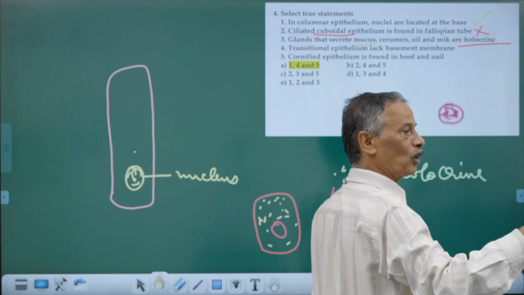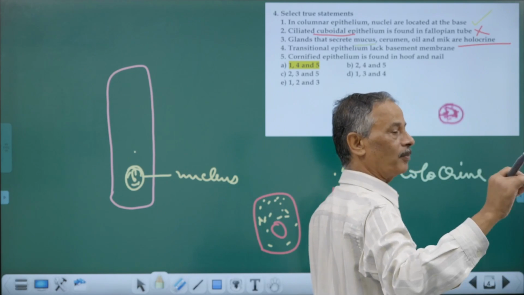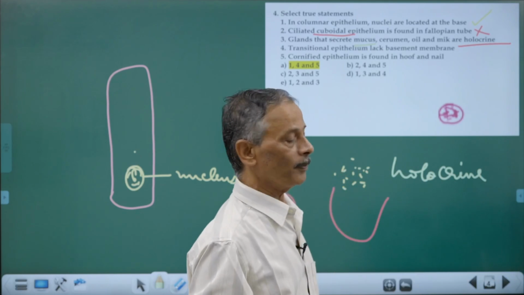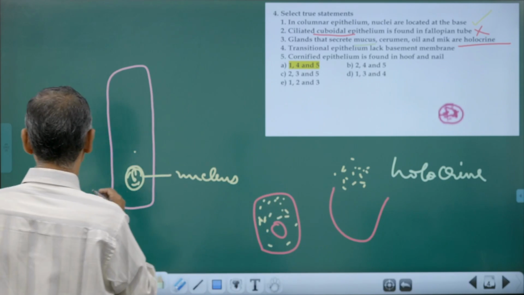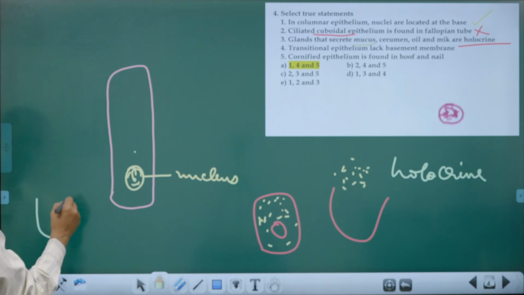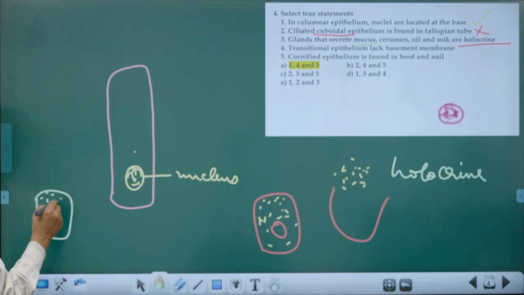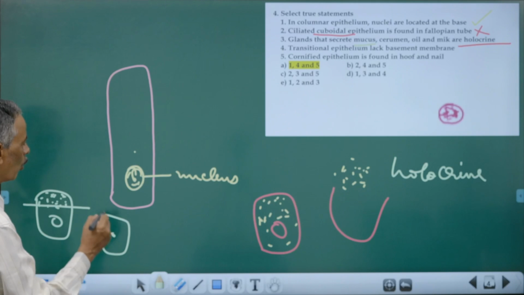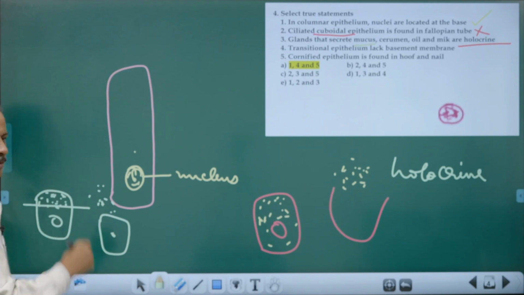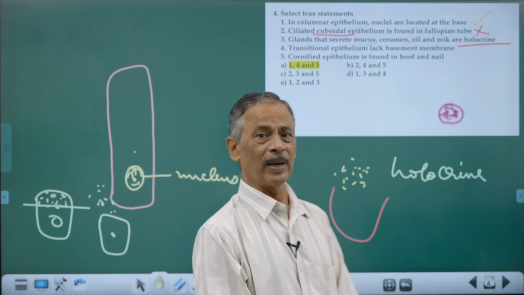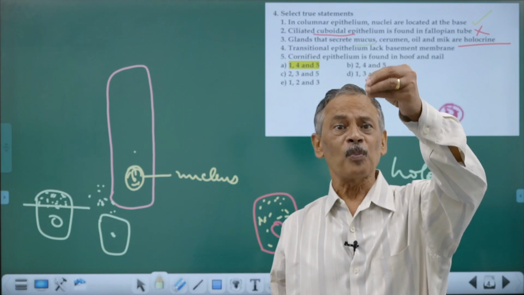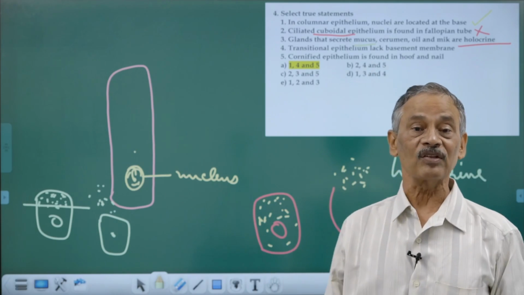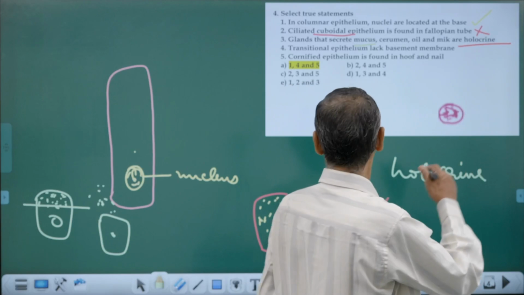Oil and milk. Milk is apocrine. Milk secretion. Mammary cells are apocrine, meaning when the milk granules are accumulated, only the tip of the cell is bursting. So a part of the cell alone is lost. The secretions come out only by the loss of a small part of the cell. That's why it is called apocrine.